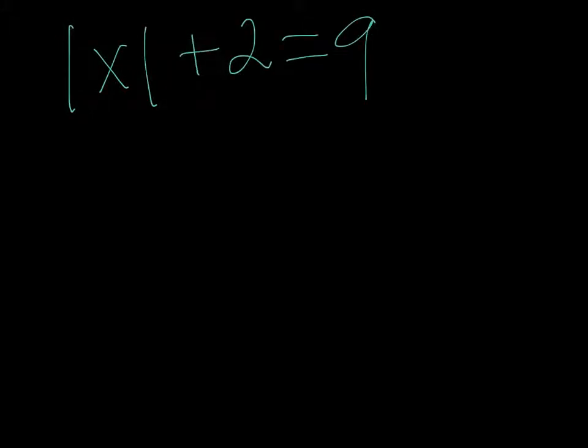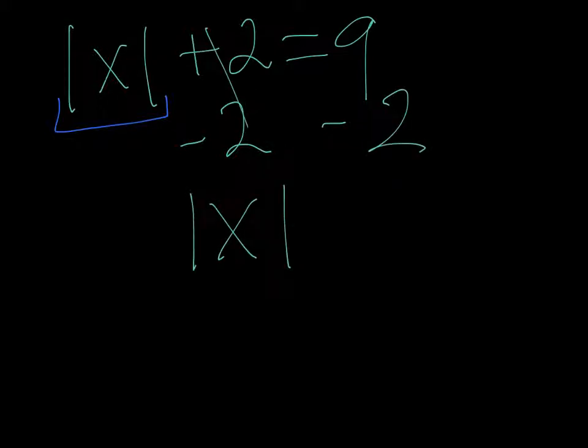So this is what that looks like. If you have the absolute value of x plus 2 equals 9, step 1, you isolate this. This is the absolute value expression, right? So we isolate that, subtract 2 from both sides, and we're left with the absolute value of x equals 7.